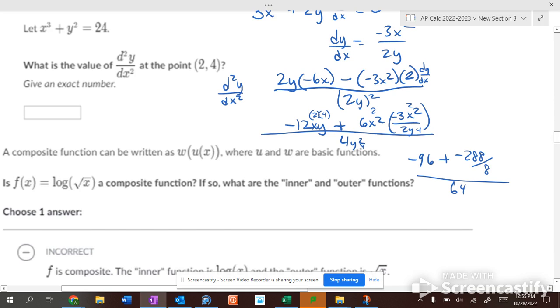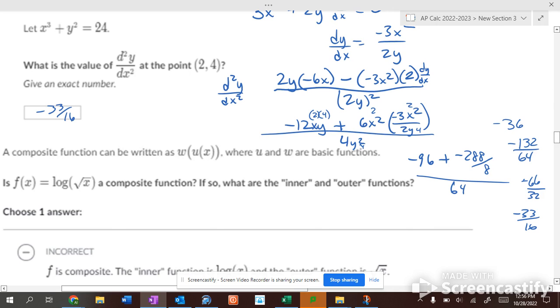8 goes into here 3 times 48, 36 times. So it's negative 96 minus 36, which is negative 132 over 64, which reduces down to 33 over 16.